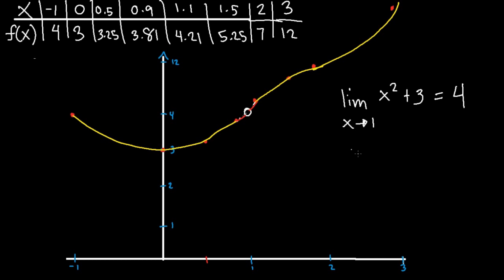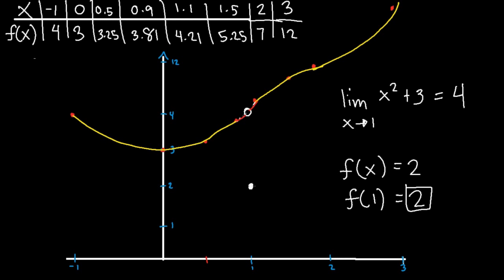So mao ni ang limit, but take note ganina nga natay gikuha nga f of x is equals to 2 or f of 1 is equals to 2 kato atong gikuha ganina. So ang f of x ani is this y, which is equals to 2. Therefore kung 1 ang x, ang value sa y is 2, and that is shaded or solid nga dot.